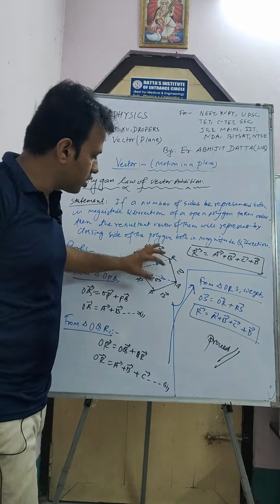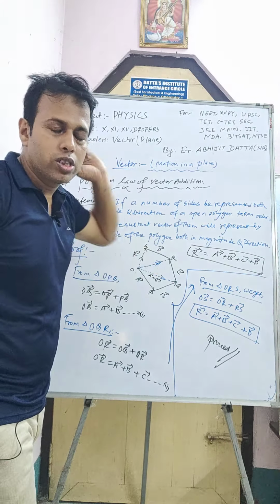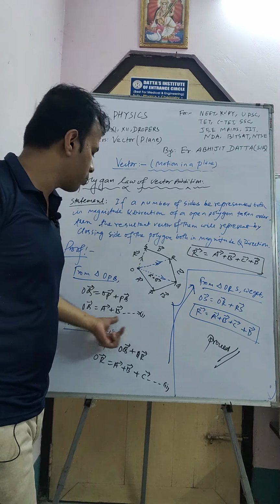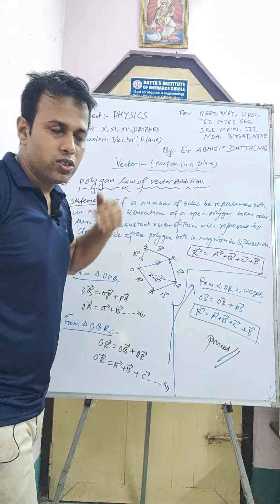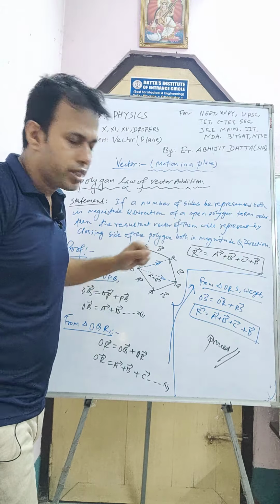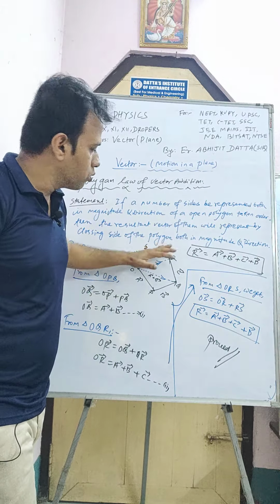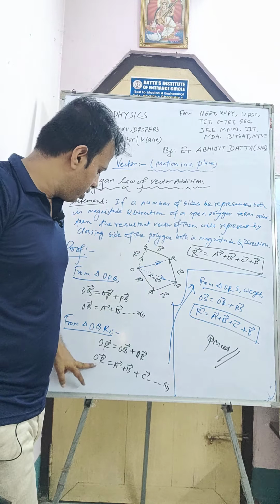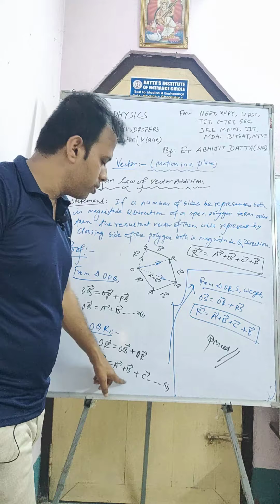Now I take the first triangle and use the triangle law of vector addition, and it becomes OQ equal to A vector plus B vector. Then I consider the middle triangle, the second triangle, and use the same law, and I find OR equal to A vector plus B vector plus C vector.